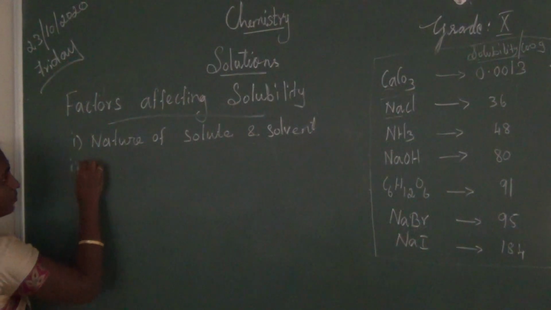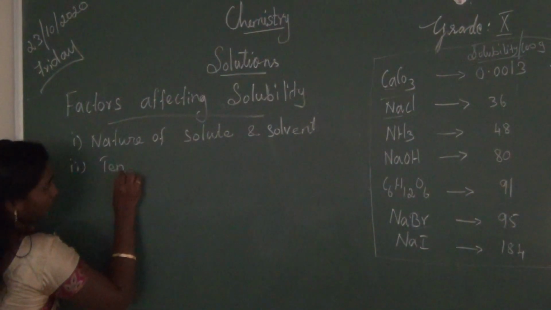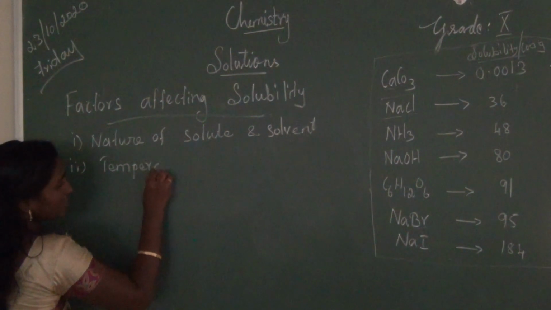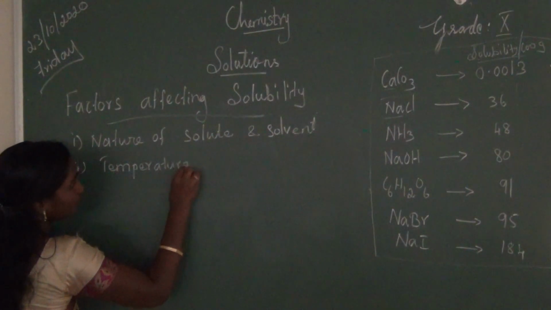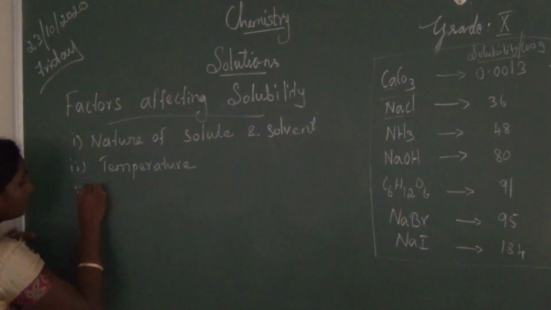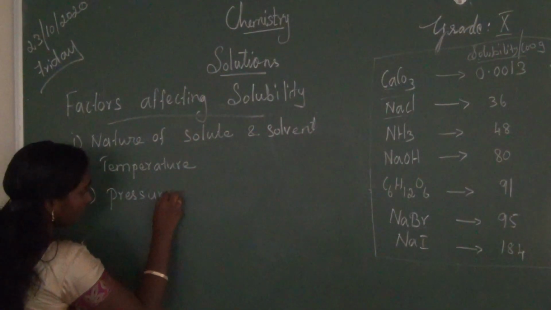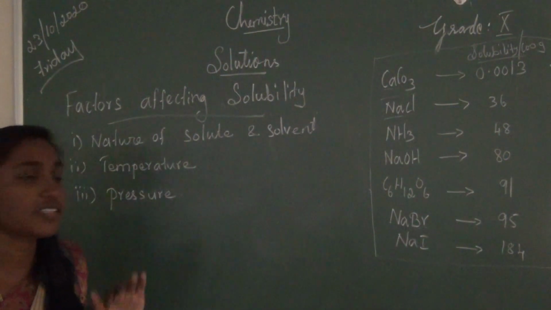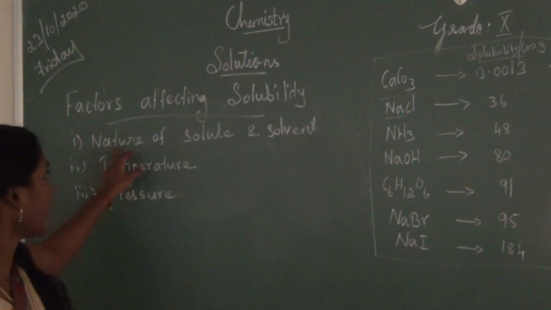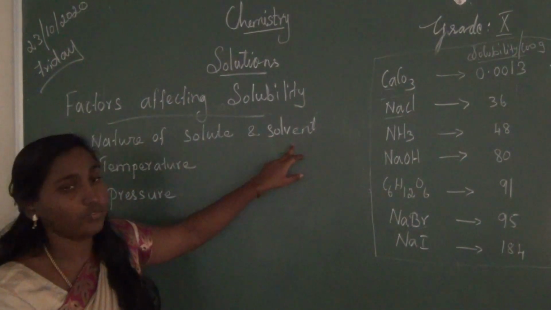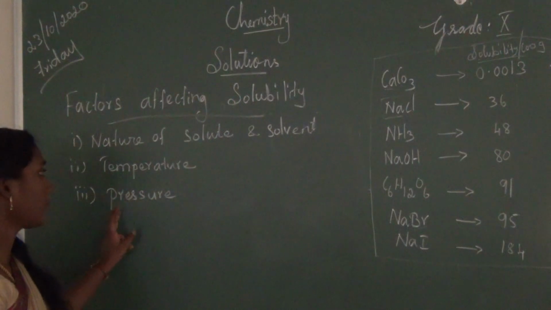Second factor, temperature. Third factor, pressure. So what are the factors that affect the solubility? Nature of solute and solvent, temperature, pressure.